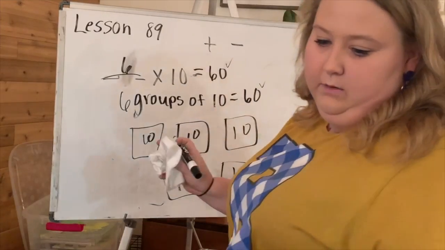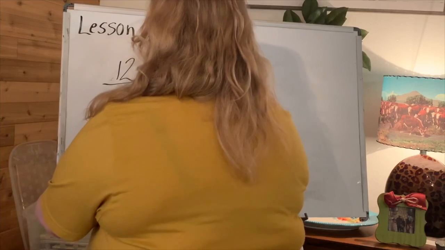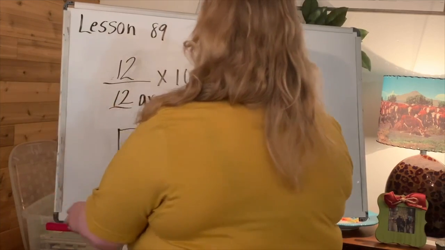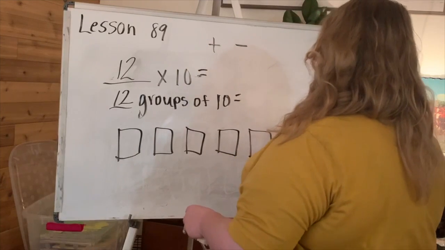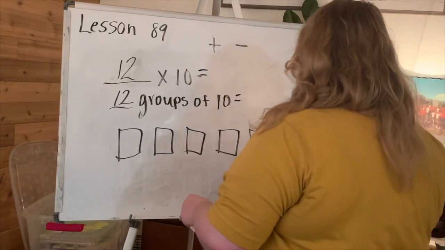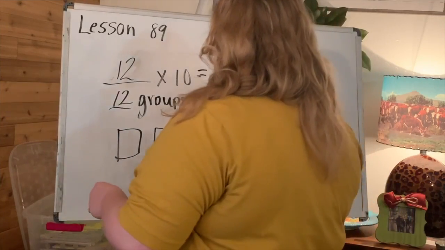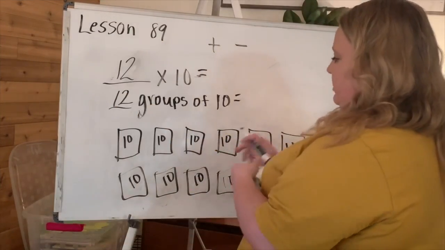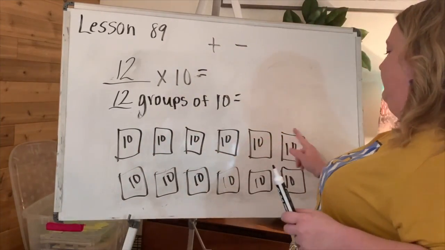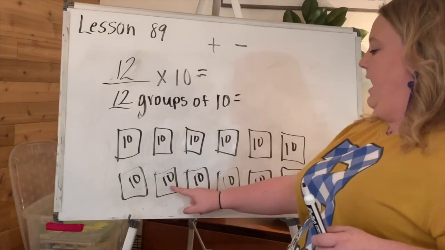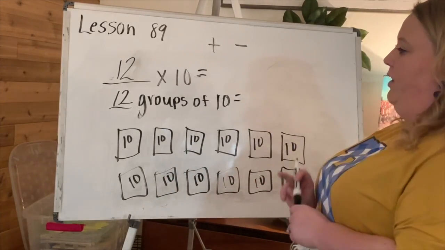Let's do another one. 12 groups of 10. Now let's try it. 10, 20, 30, 40, 50, 60, 70, 80, 90, 100, 110, 120.